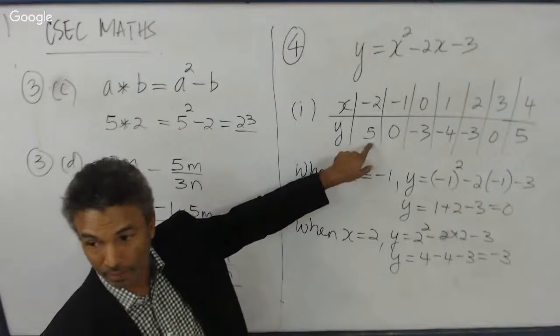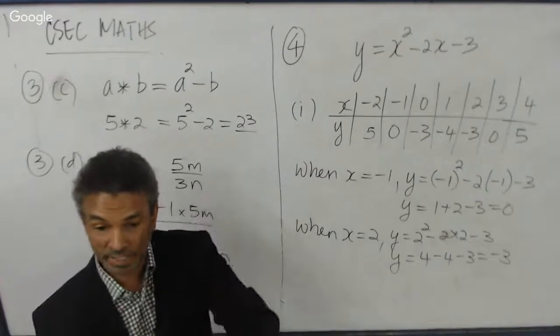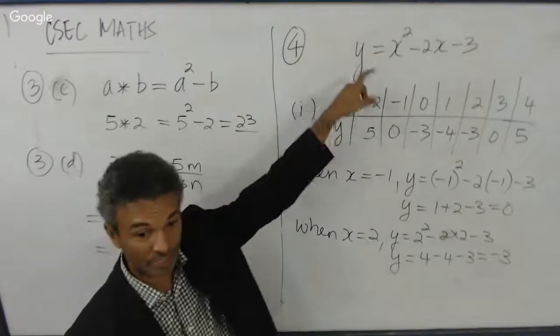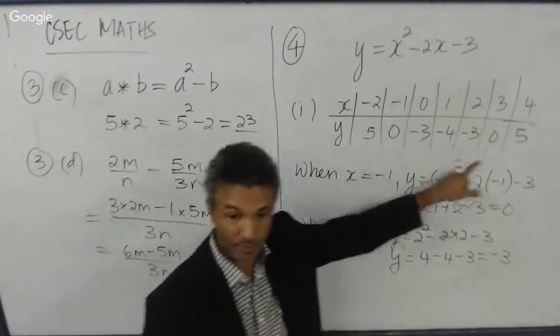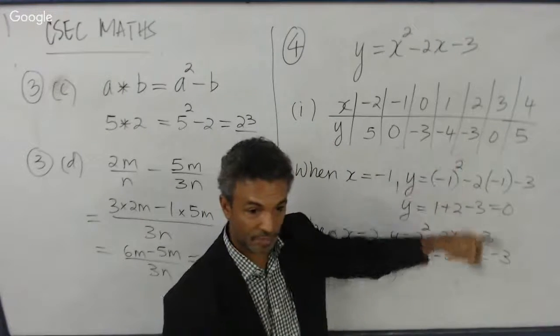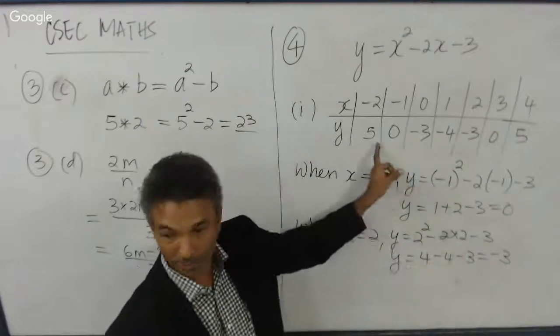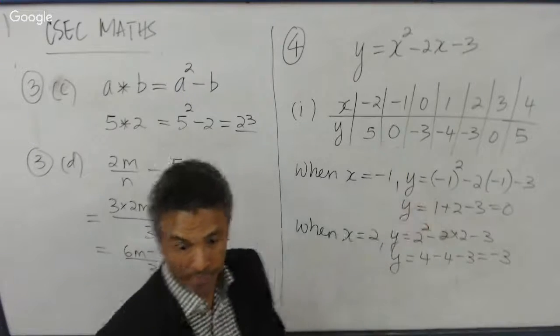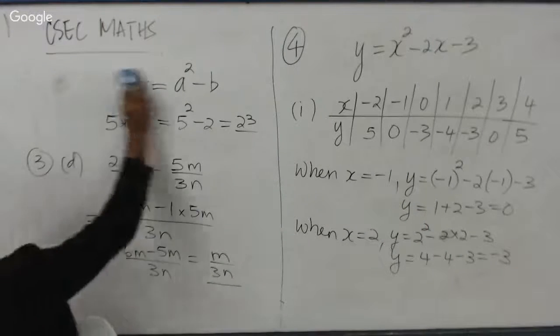It's not every time you're able to see the symmetry of the quadratic so straightforwardly, but this one is very straightforward. The symmetry is there: 5, 5, 0, 0, -3, -3. That's the symmetry.